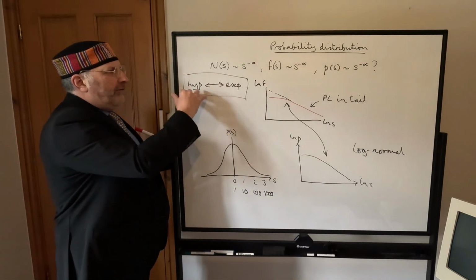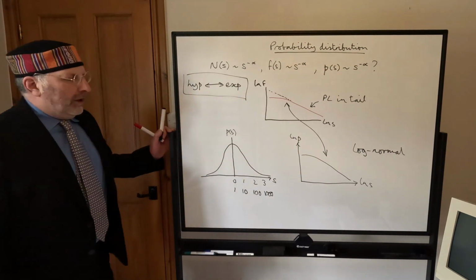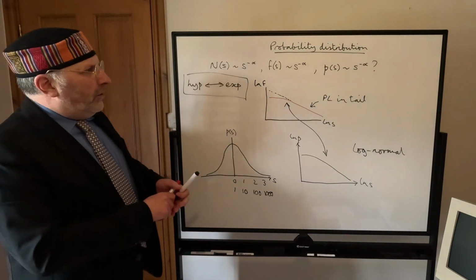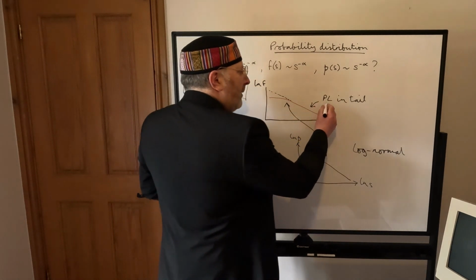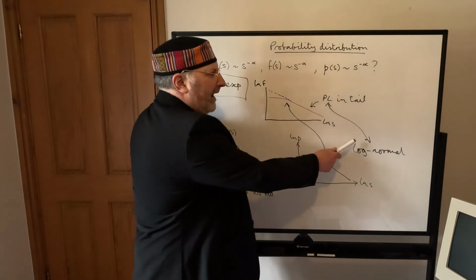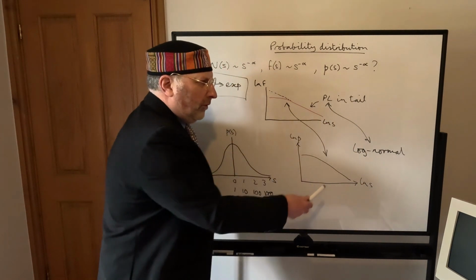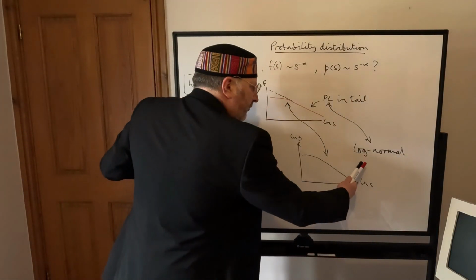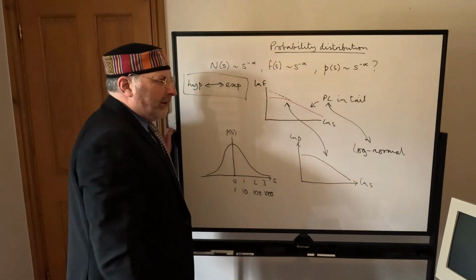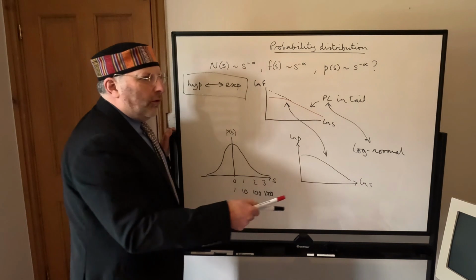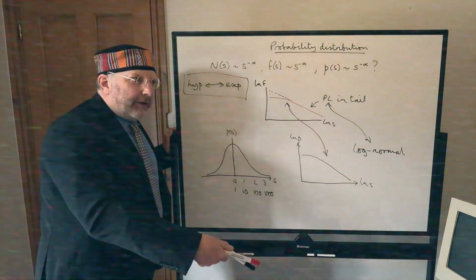So there's a sort of fundamental relationship between hyperbolic and exponential relationships. And the same is true between log normals and power laws, that it is possible to transform variables to make a power law into a log normal, or a log normal into a power law. If we see a log normal, it means that, yes, our data that we're looking at is not a power law, but there may be a power law in something less obvious.